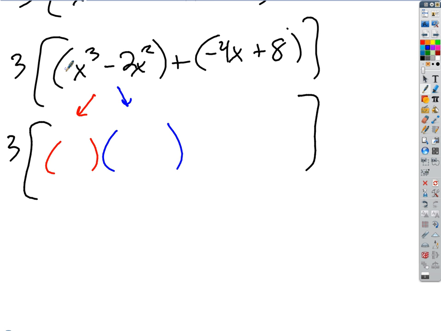But I could take out a power of x. The biggest power of x that I could undistribute from both of those would be that x squared, because that's all that that term has to give away, right? So I can undistribute or factor out an x squared, leaving what behind? So this is my leftover factor. So x minus 2 is the leftover, right?